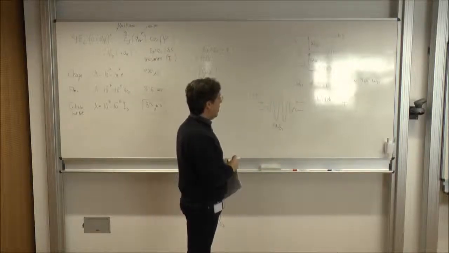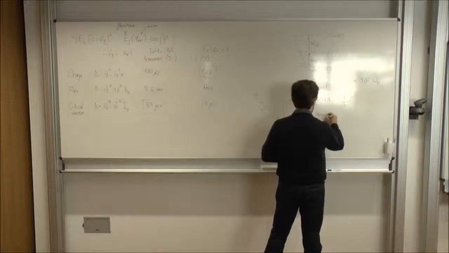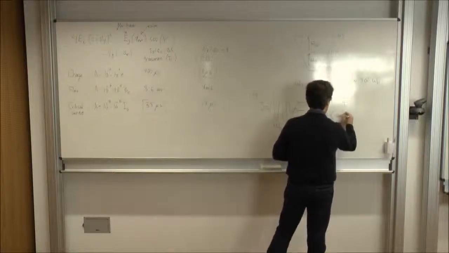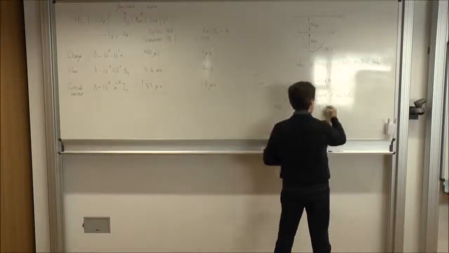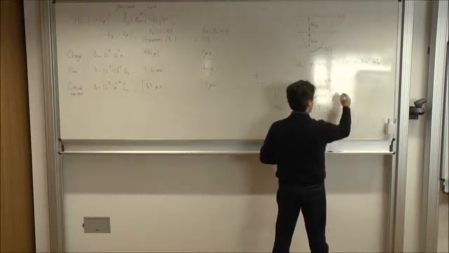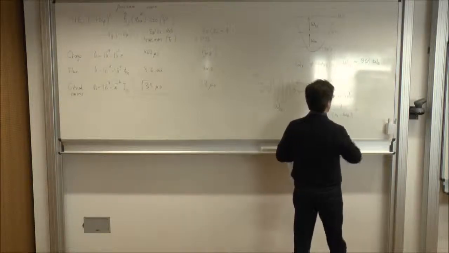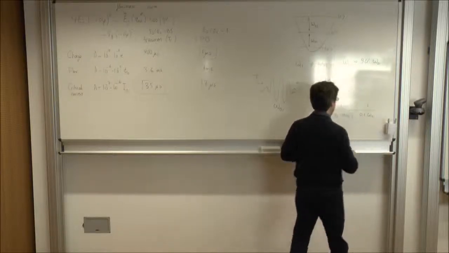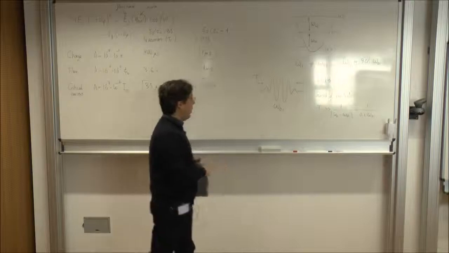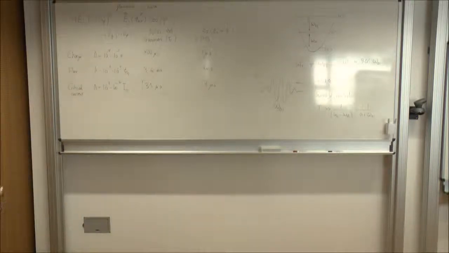So that means you cannot drive the system faster. 1 over t has to be smaller than the anharmonicity, which is in this case 0.1 omega 0,1. So there is a limit in the speed at which you can operate your qubits.